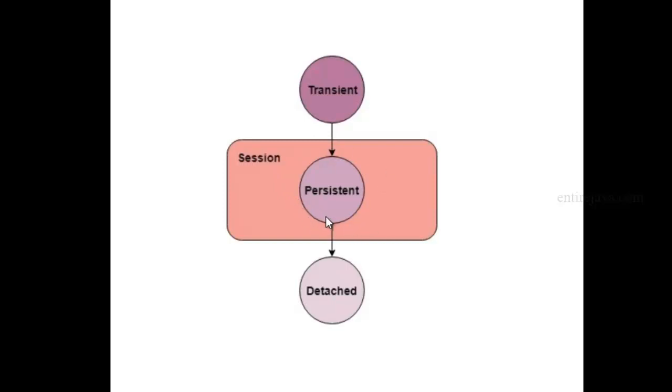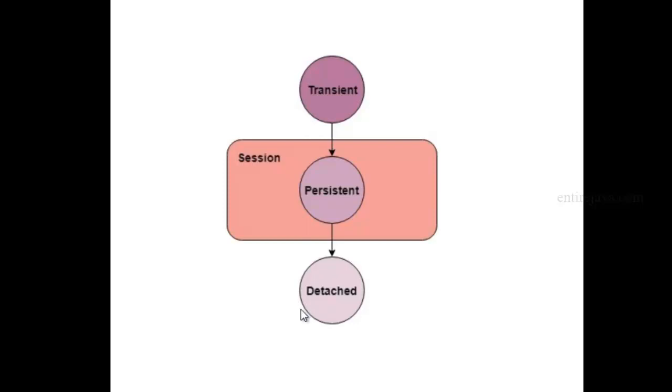That means that object qualifies to get persisted by Hibernate. And after you perform some kind of an operation with that object, finally you would commit the transaction and then you would close the session. Once you close the session, that object is called a detached object, meaning it is now detached from a session.